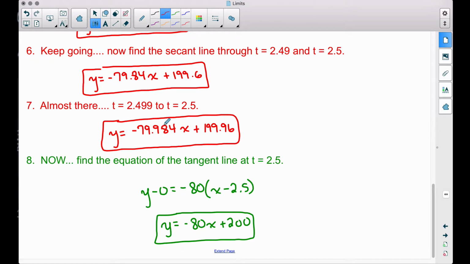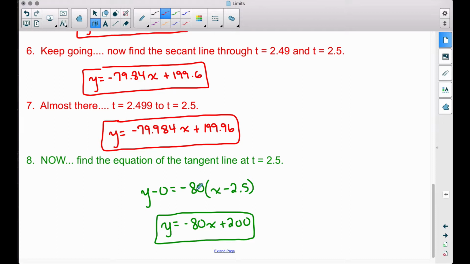Ultimately, we did realize a limit, so to speak, in the previous video, and this last question here is now find the equation of the tangent line. A secant line will pass through 2 points, in this particular case, for all these red equations. But then this last one down here, we saw a limit of our slopes. And as you can see, these slopes are getting close to negative 80.